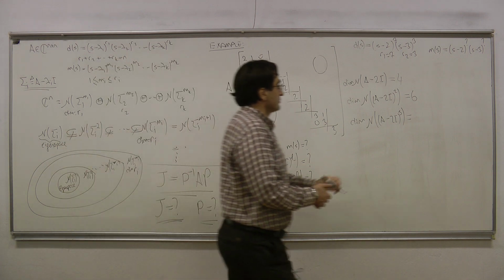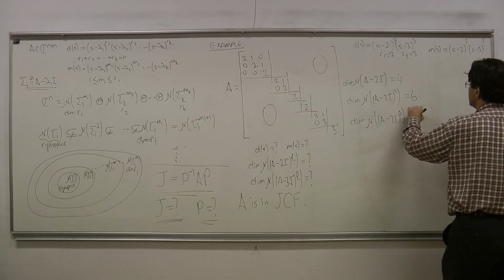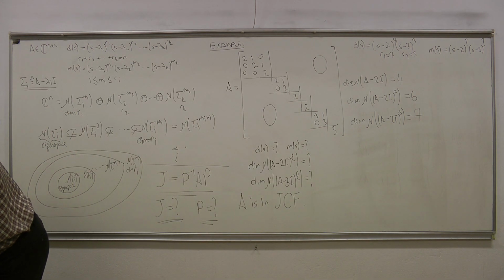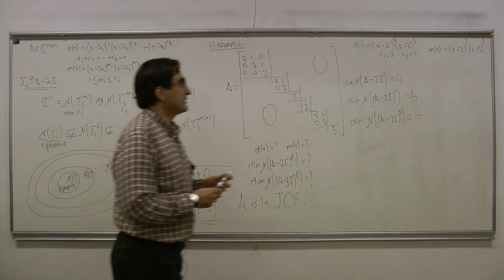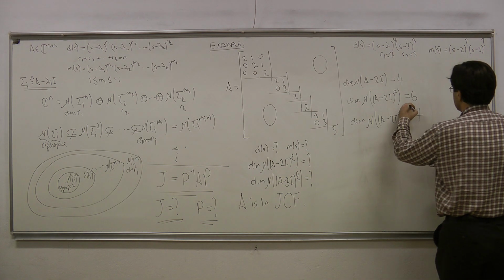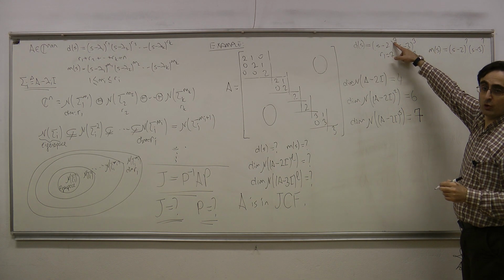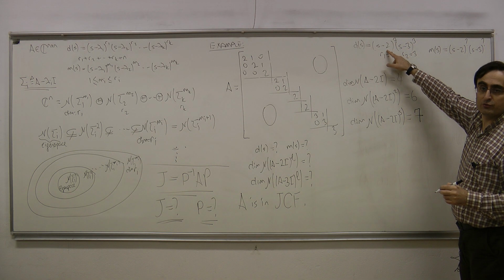Okay? So this is going to be 7. The dimension became 7 in this case. But 7 is the characteristic polynomial power for this eigenvalue too.